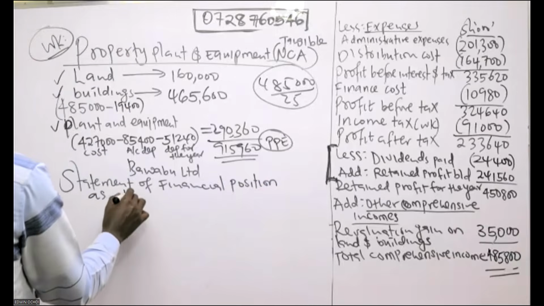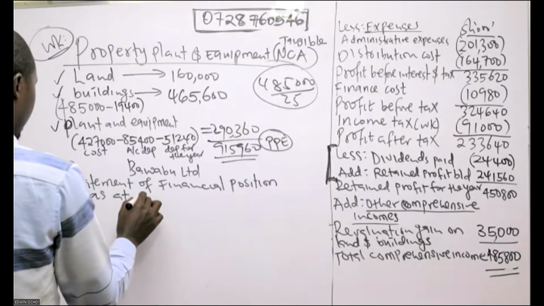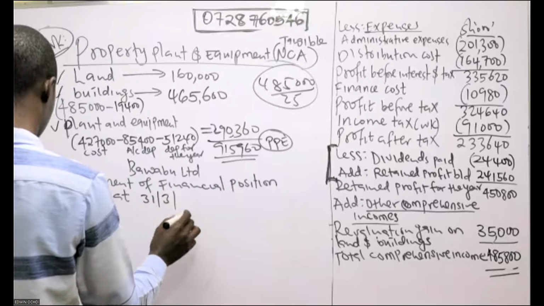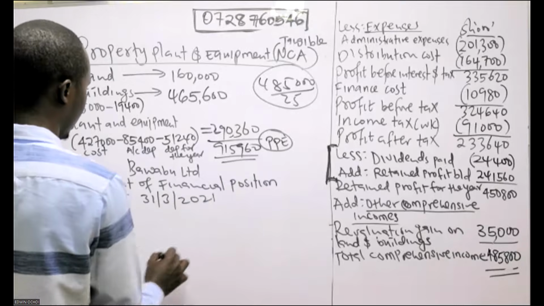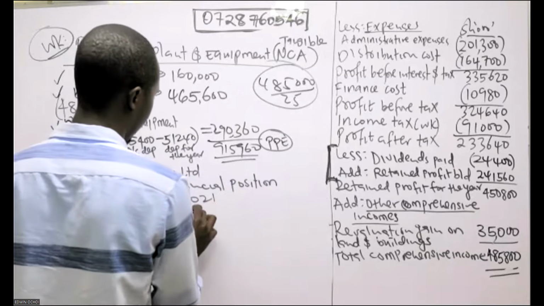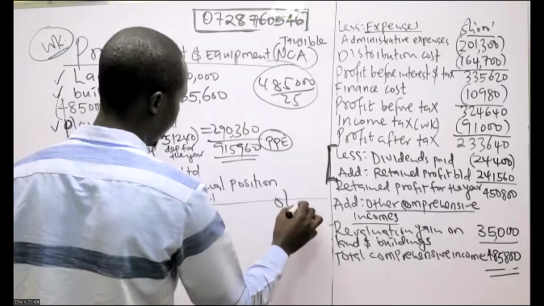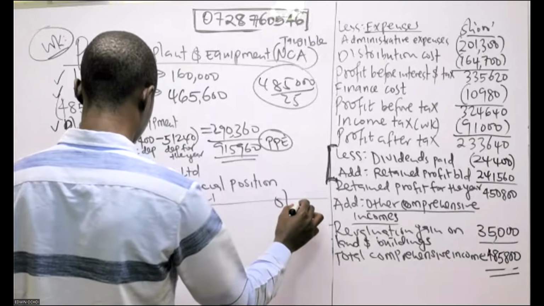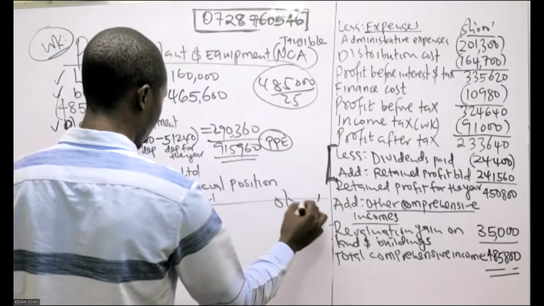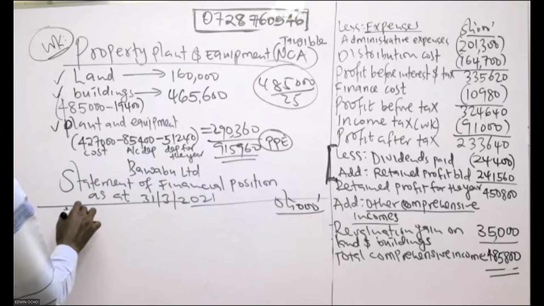As at 31st March 2021, so you have shillings in thousands. So we start with non-current assets.